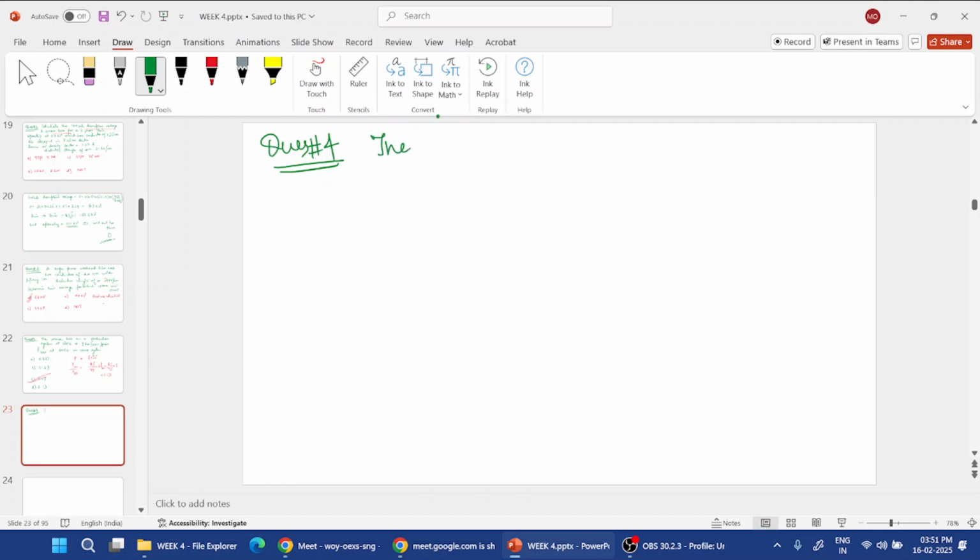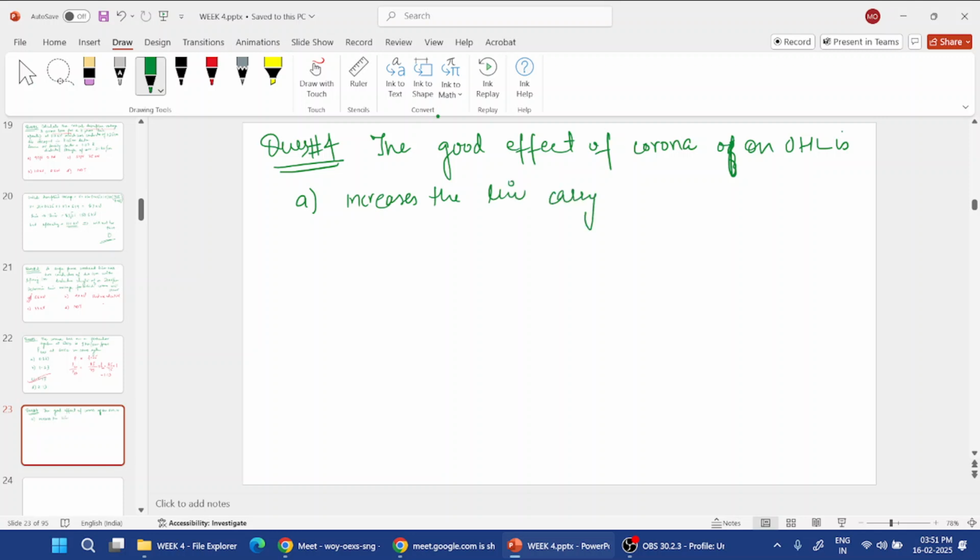Yes. Okay. Question number 4. The good effect of corona on overhead lines is: first, increases the line carrying capacity.